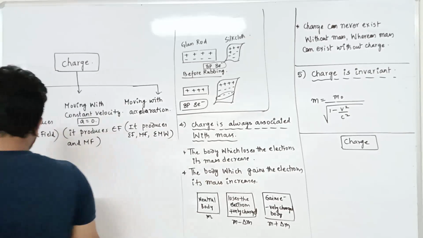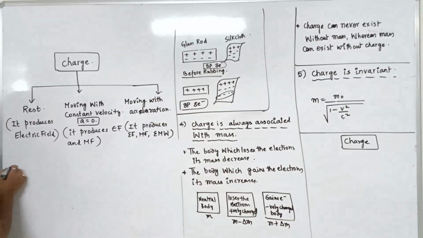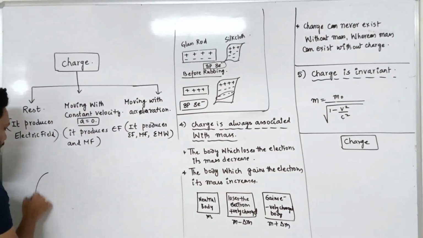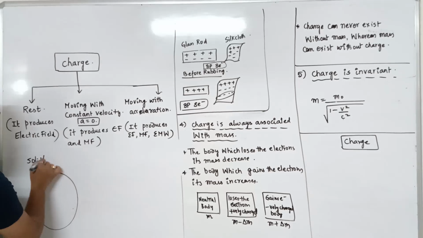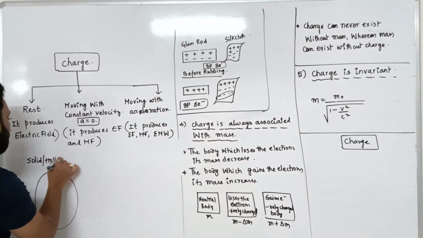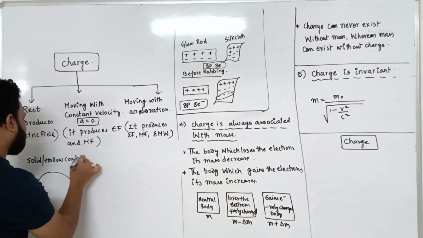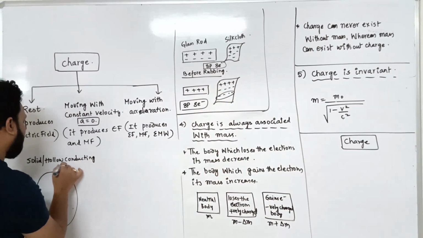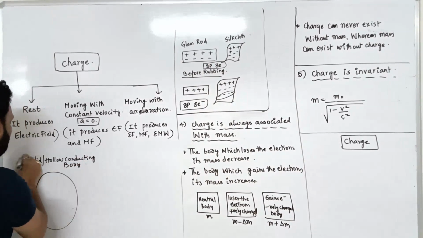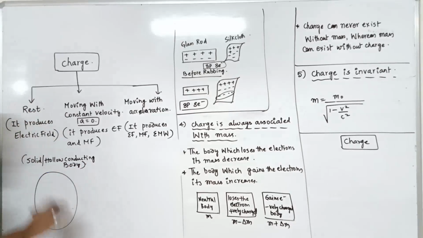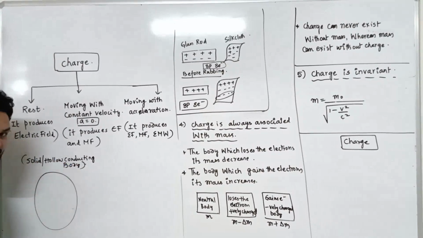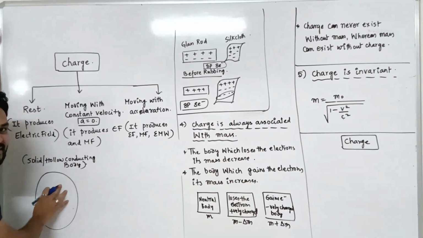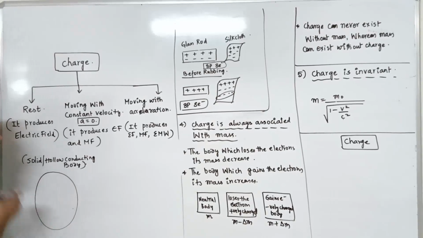The last one. Suppose we are taking a solid or hollow conducting body. We'll explain that later. You have to remember these cases. Suppose it is in the neutral condition. It is a conducting body. Neutral condition means the number of protons equals the number of electrons.